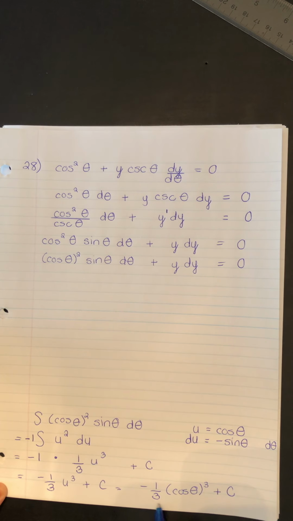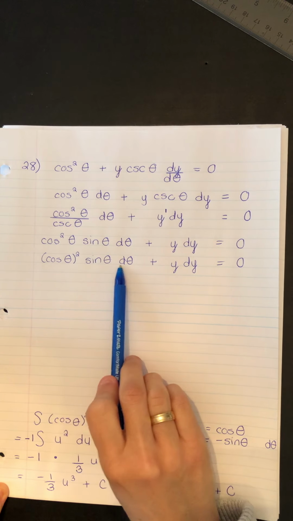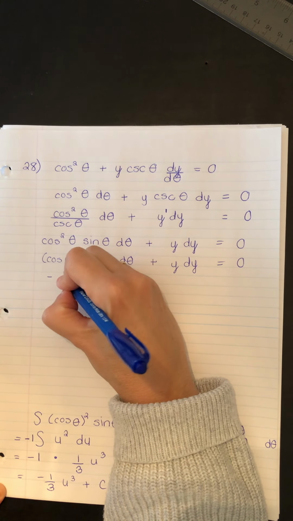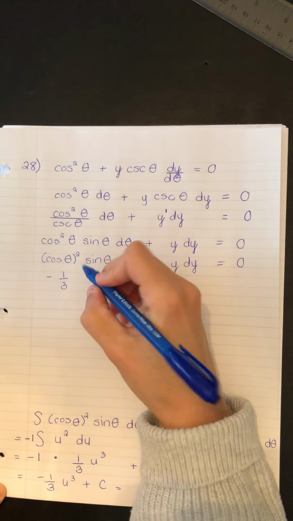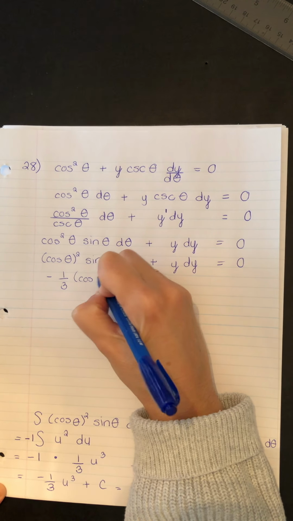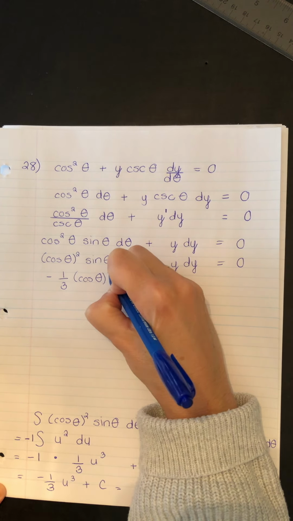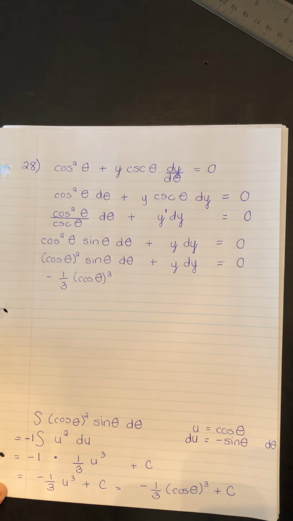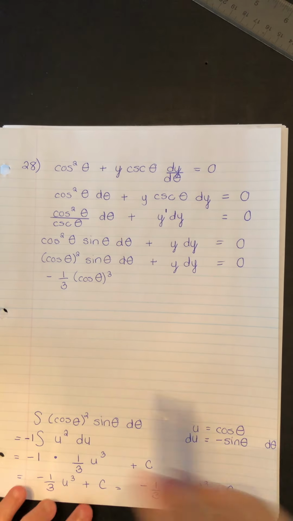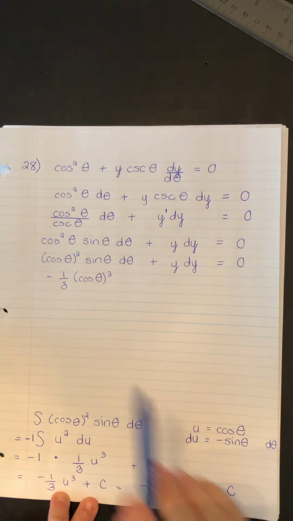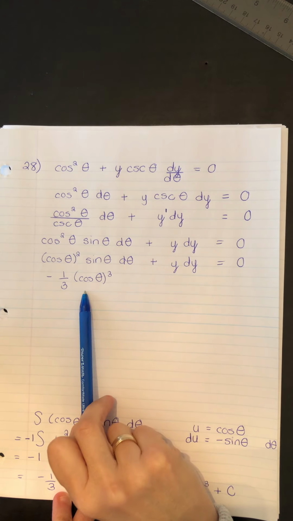So we get -1/3 cos theta all cubed plus c. And so that's what goes right here. Negative 1/3 cos theta all cubed. The plus c, I'll just remember to put in one constant for the whole equation. So this is now correctly integrated.